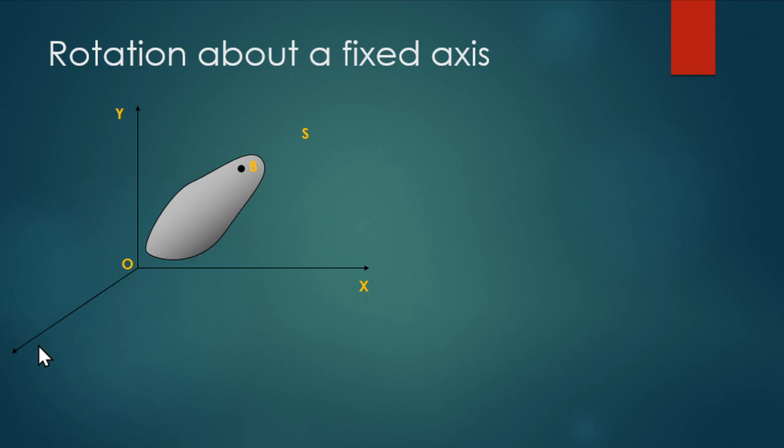What do we mean by fixed axis? We mean that the axis must be fixed relative to the body, relative to this plane of motion. So we can create this rotational motion.